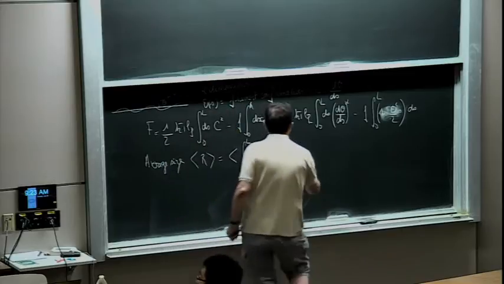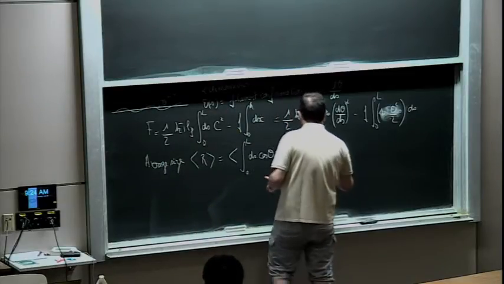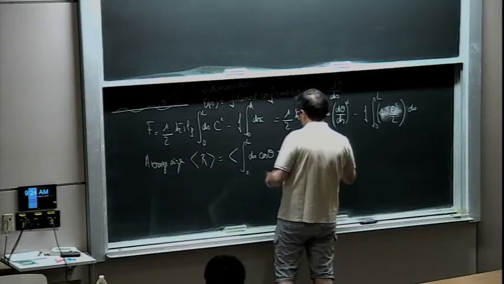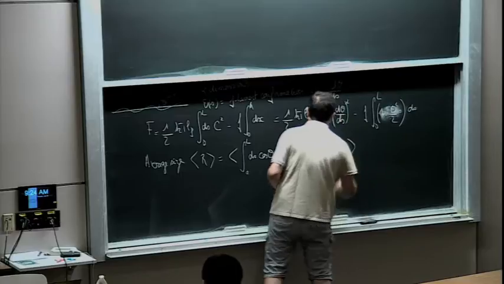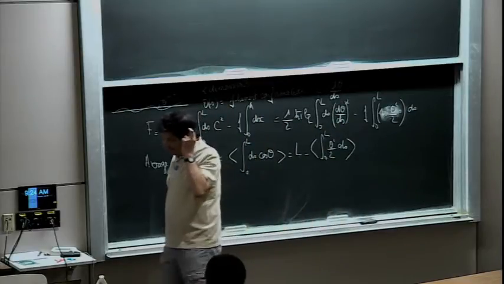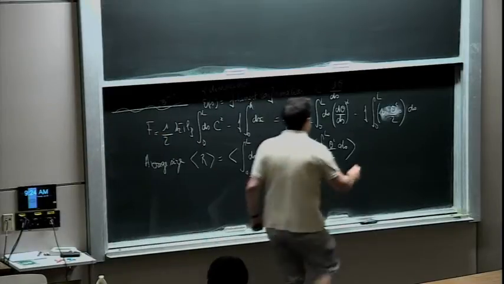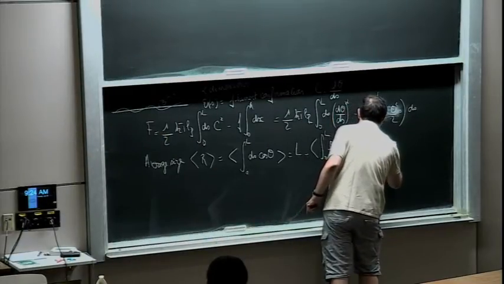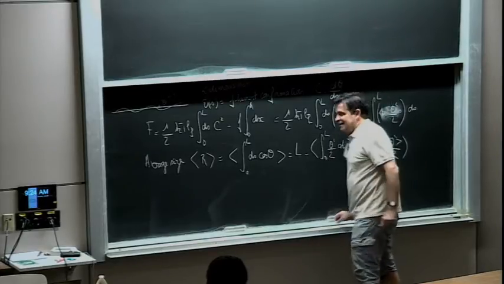So this is L minus the average value of the sum from 0 to L of theta squared over 2 ds. Now, if you have a long polymer, you will find that theta squared doesn't depend on the position. So you will just get L times 1 minus theta squared over 2.